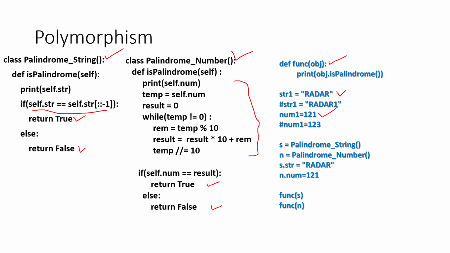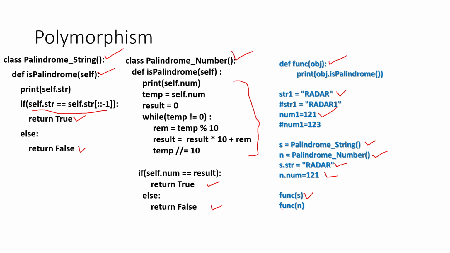Now I'm creating the object of palindrome string or palindrome number, setting the parameters s.str as rider and n.number as 121. I'm calling this function, passing object s. As the object is of type this class, is_palindrome of this class is called.